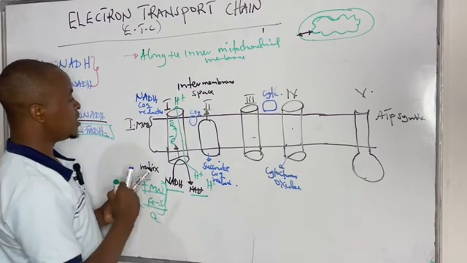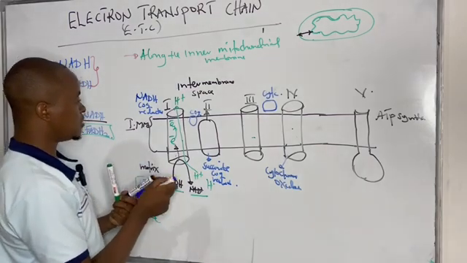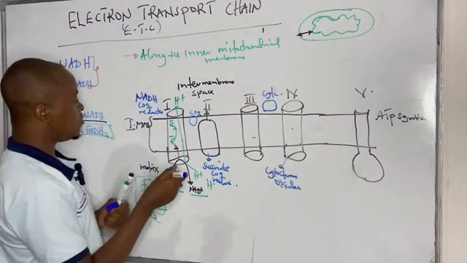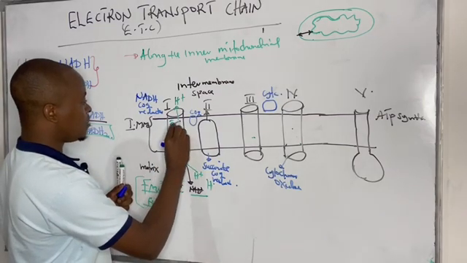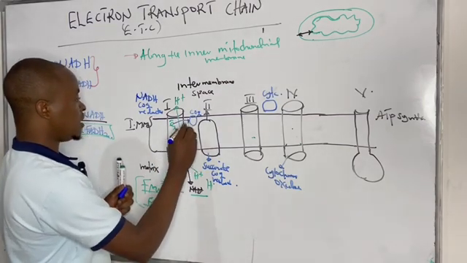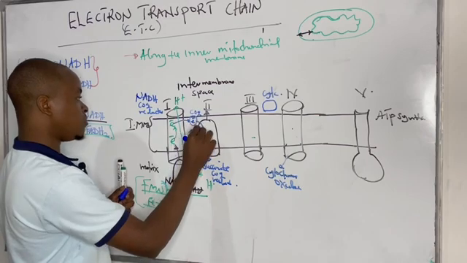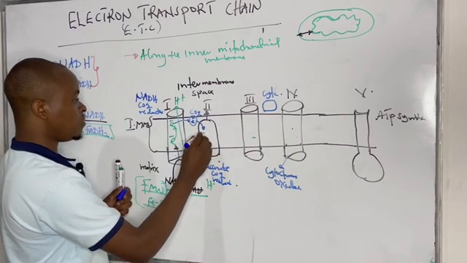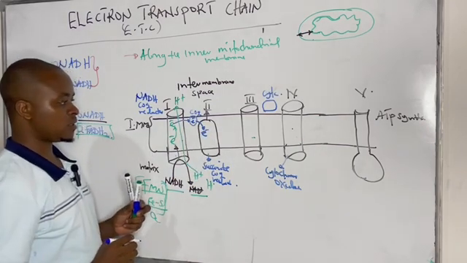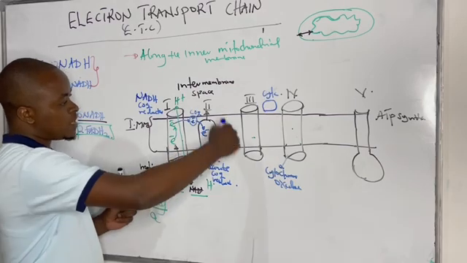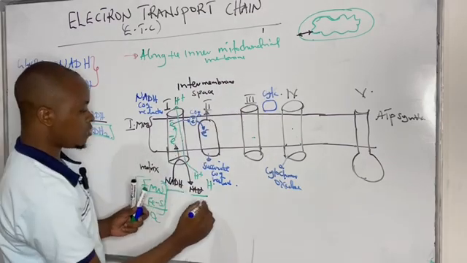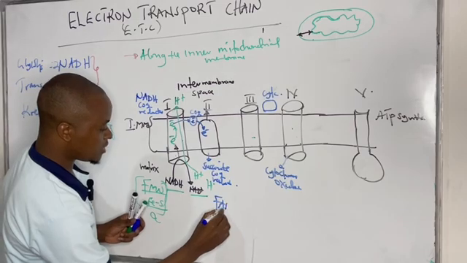So we are going to see that these electrons which are produced in complex 1 are passed over by coenzyme Q. They are given to coenzyme Q, and coenzyme Q passes them over to complex 2. These electrons excite complex 2, whereby it will come and oxidize the FAD.